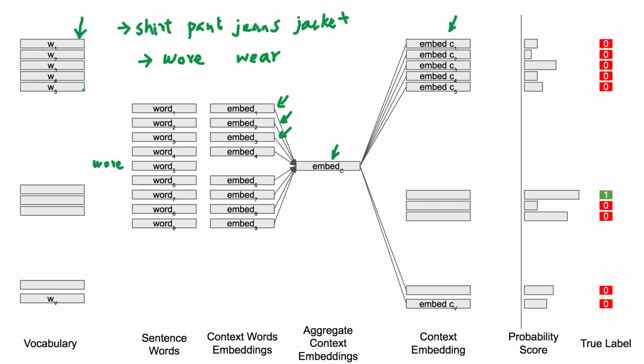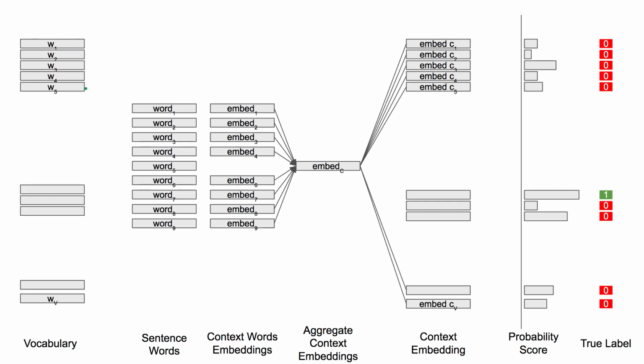Now let's look at another example. Now let's say instead of shirt, I only have pants and jeans. So these are, you wear them for your legs, and then what can be the context? Let's say you have a word something like waist, W-A-I-S-T.